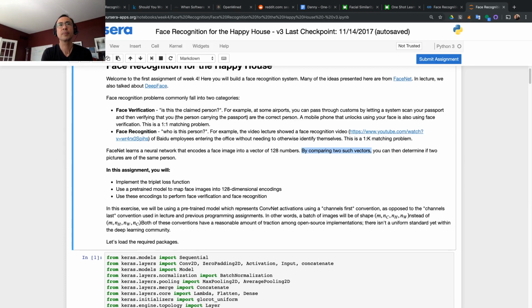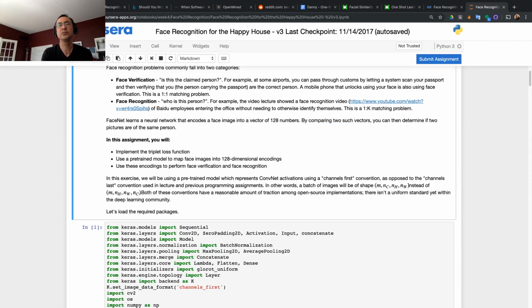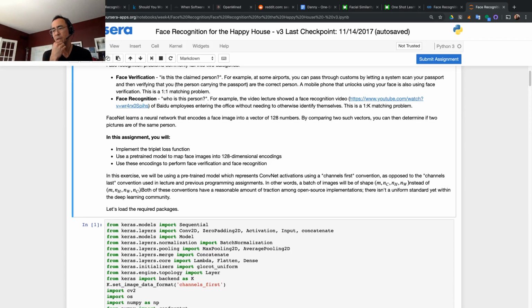So how do you compare the two factors? In this case, we are using an objective function, or a loss function, that has to be minimized, and it's called a triplet loss function, right? You can do it the easy way, where you just subtract.